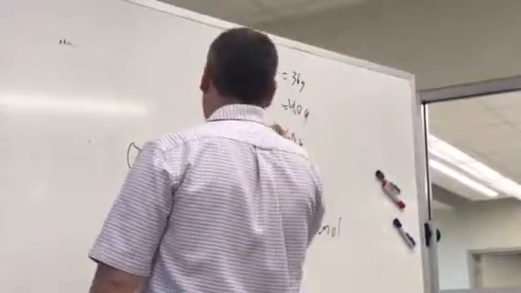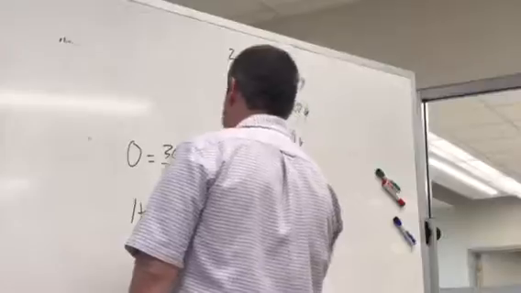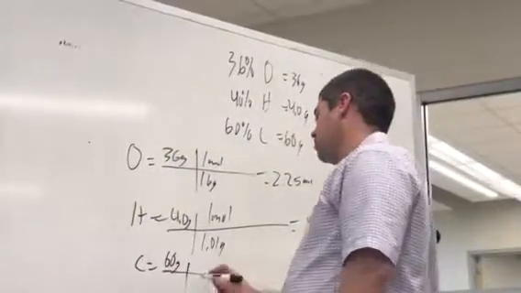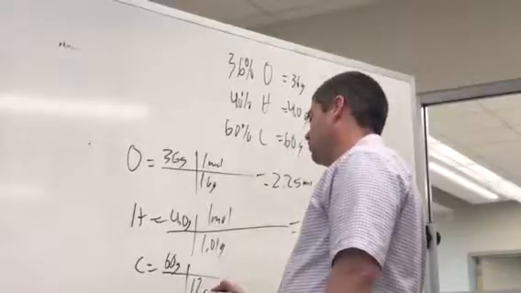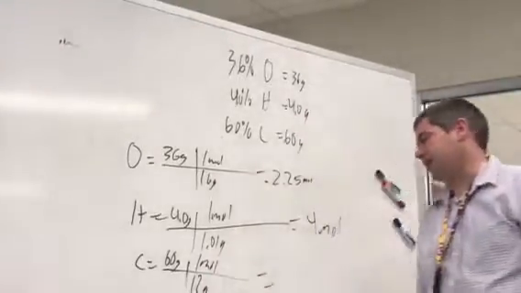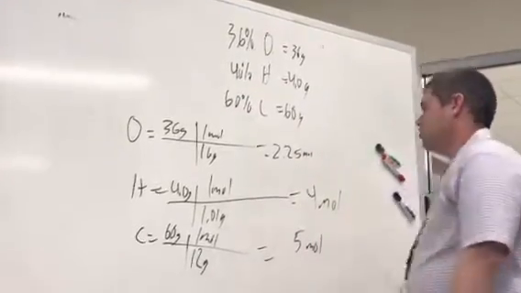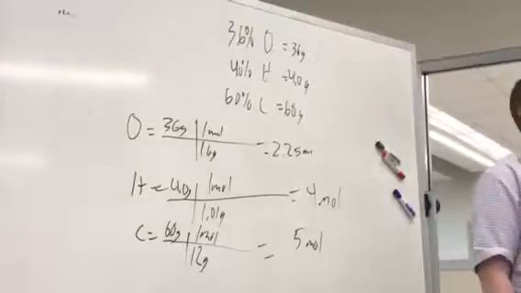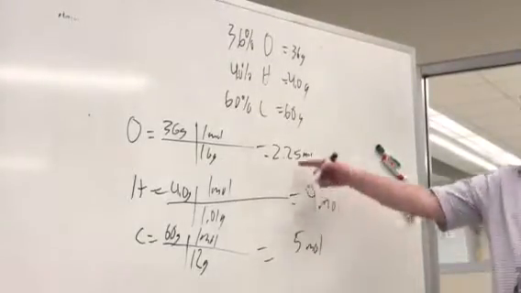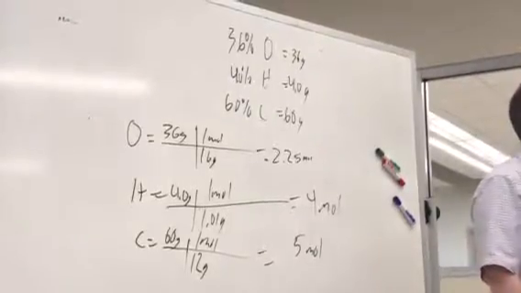And then I have carbon, which is 60 grams. Divide that by 12 grams for every mole, which equals 5 moles. So I will take every value and divide by what? The smallest, 2.25.